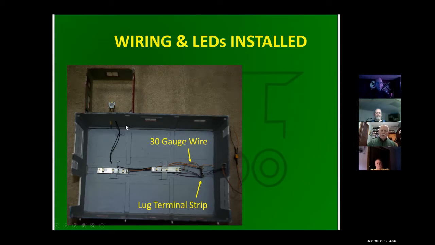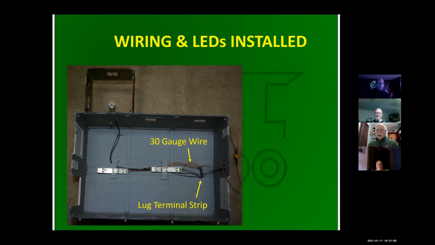And wire is 30 gauge. And I connect them to a lug terminal strip that I can solder them all together. For those who did some old electronic projects, these things are quite handy, and you can still buy them, but they're getting harder and harder to find. But it's an easy way to bring a lot of wires together and get them all hooked together.